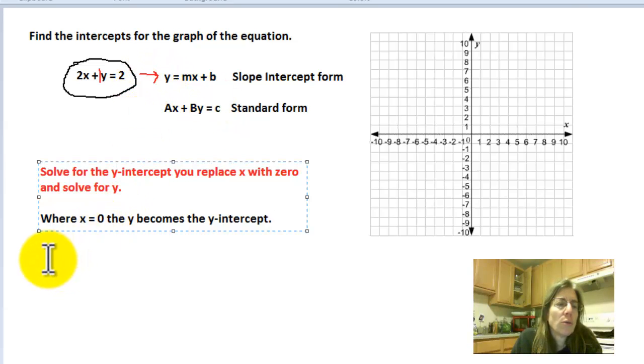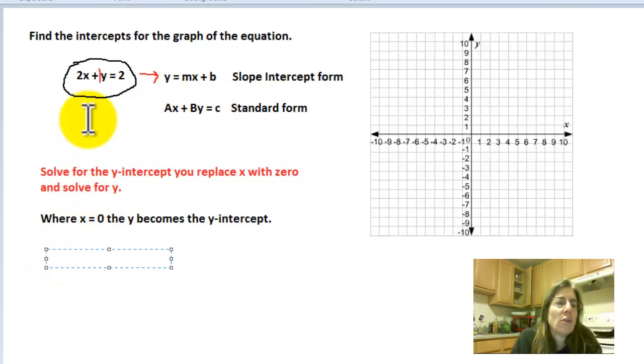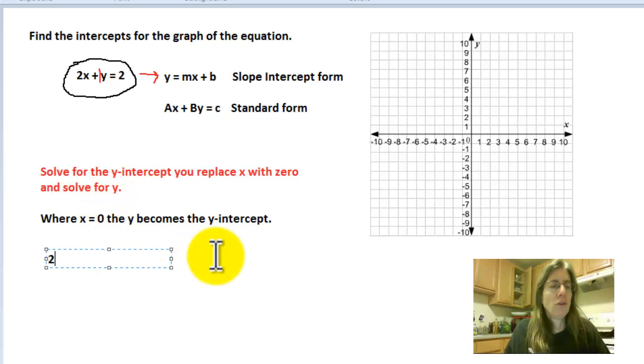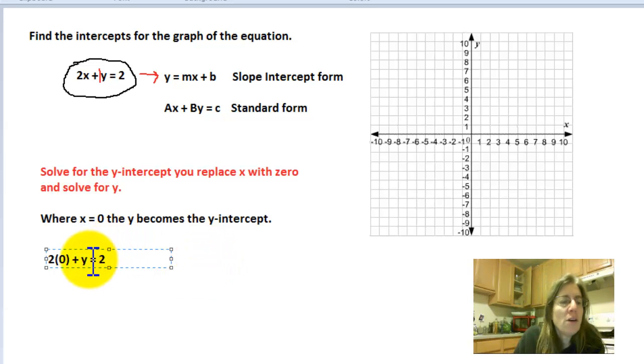First, let's just go through this little exercise. So we have this equation, 2x plus 1y equals 2. If we insert x equal to 0, then we'll have 2 times 0 plus y equals 2. Now we can solve for y because that's the only letter in the problem.